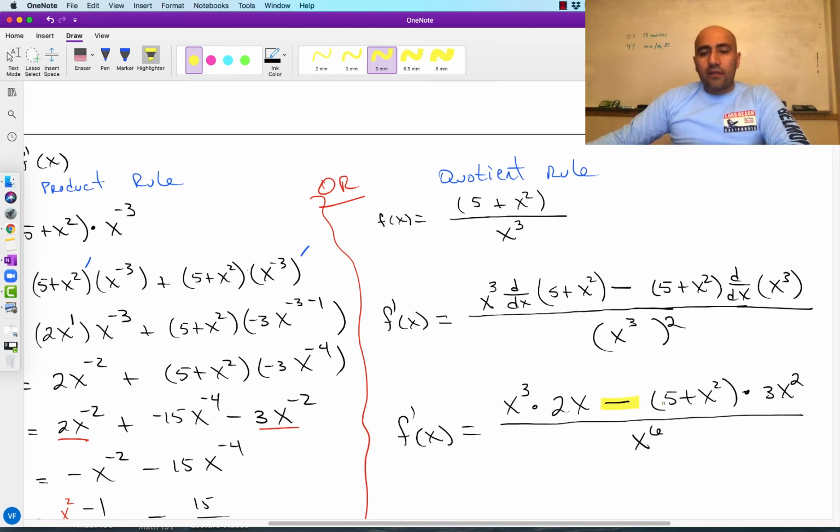Okay, so now we have to be careful because this minus applies to everything over here. So be careful not to just include it to the 5, minus 5. It's going to be minus this term and then also this term. And we also have to distribute the 3x squared. So this needs to be distributed there, and this needs to be distributed there.